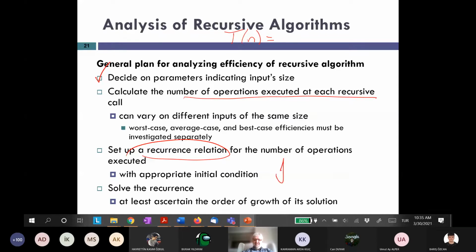For example, if f(n) is defined by f(n-2) + 7, f(n) is defined by using the same function, then we call this kind of relation a recurrence relation. So we try to set up a recurrence relation.